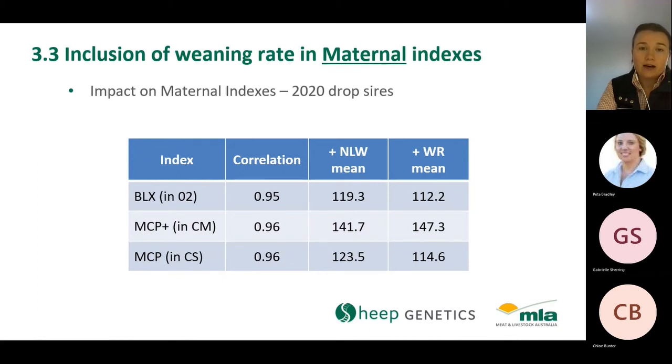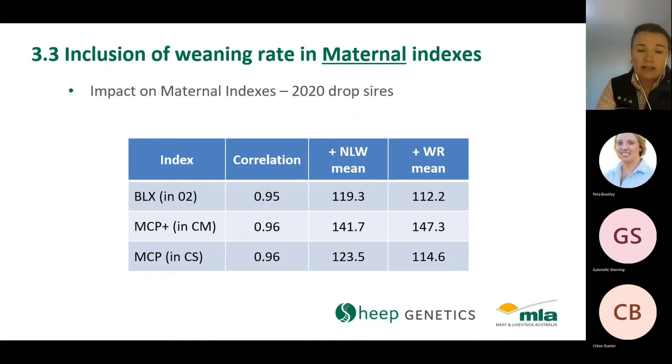So we want to move towards this improved reproduction trait and using it in our selection decisions. But an important part of that process is also including it in our selection indexes. So what we're looking at here is for our maternal indexes, we're able to swap out or sub in weaning rate for number of lambs weaned.